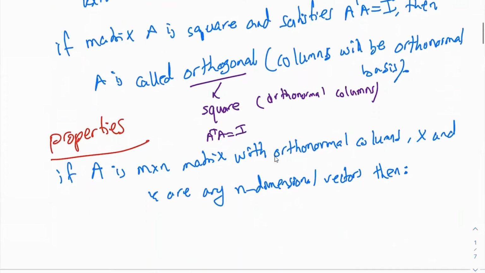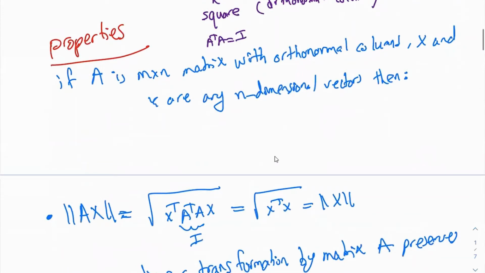Now let's take a look at some properties of matrices with orthonormal columns. Matrix A is n by k, not necessarily square, and the vectors x and y are any n-dimensional vectors.